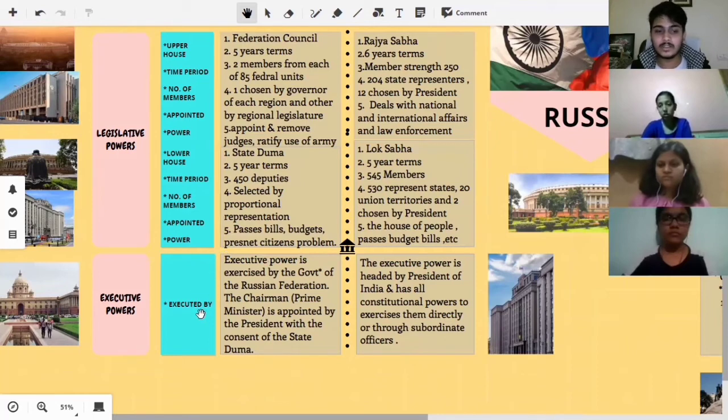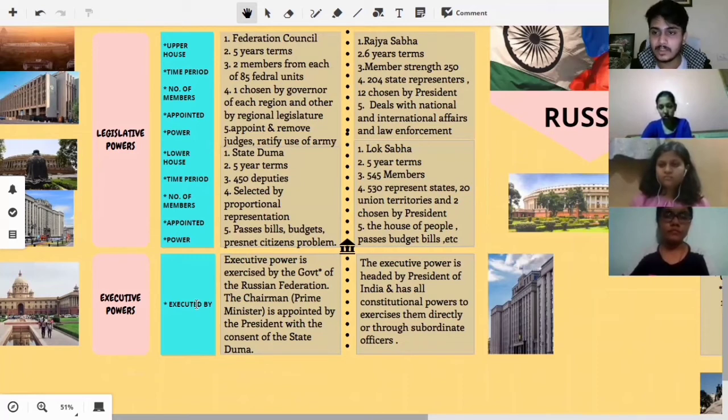Now, how are the executive powers exercised in India and Russia? In Russia, the executive power is exercised by the government of the Russian Federation and the chairman, whom we can call the prime minister, and the chairman is appointed by the president.